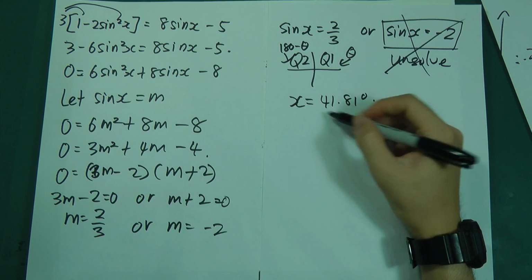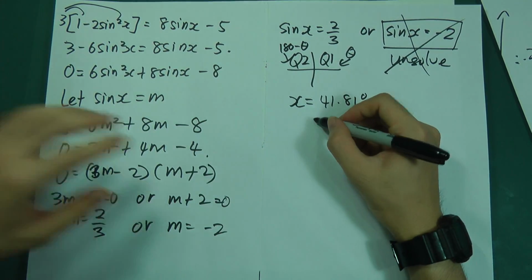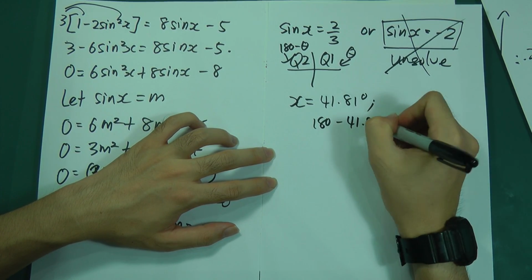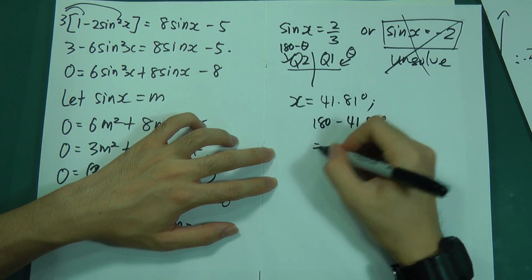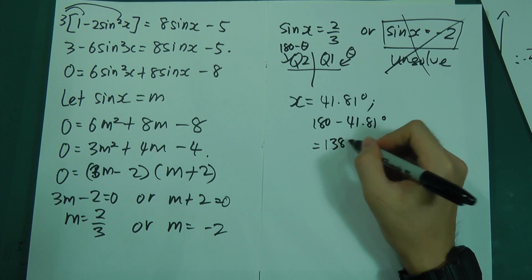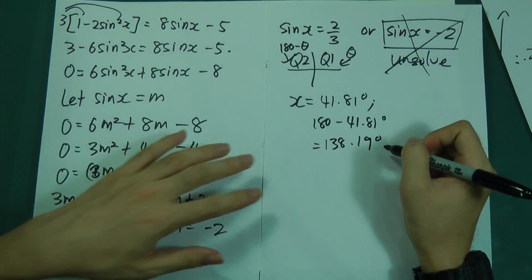This is the answer in the first quadrant because it's the angle. The second quadrant will be 180 minus 41.81. So you get the second value, 180 minus the angle, which is 138.19.